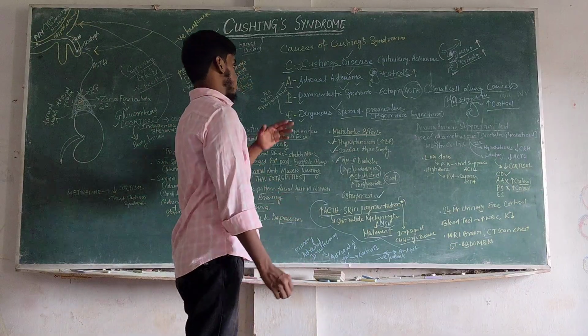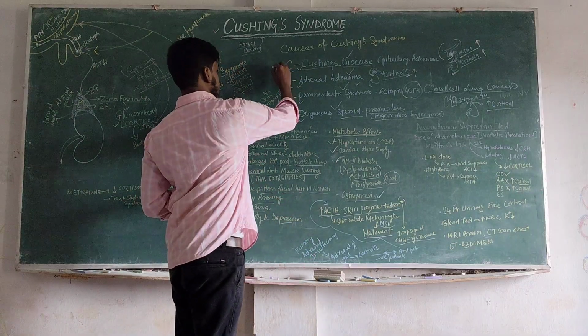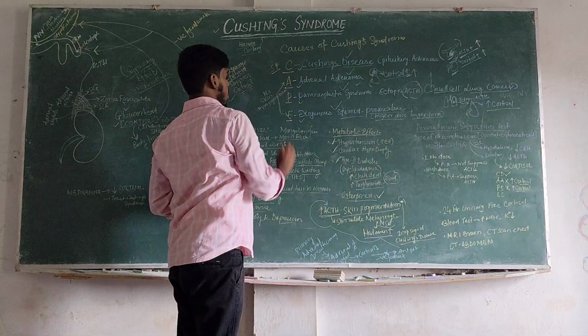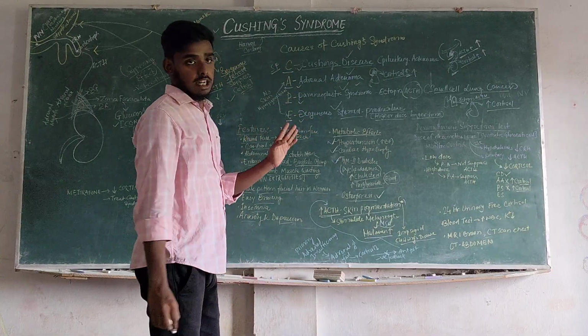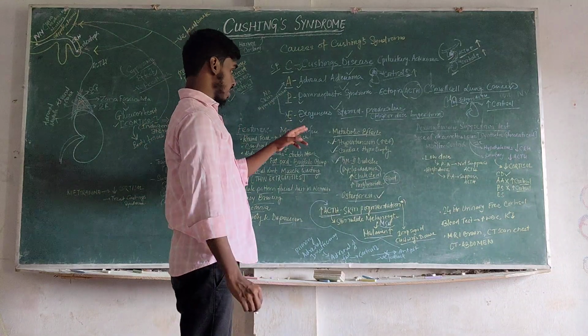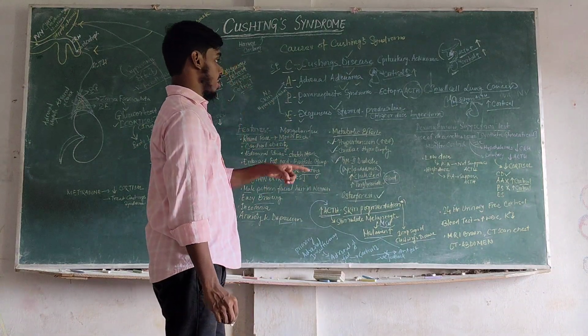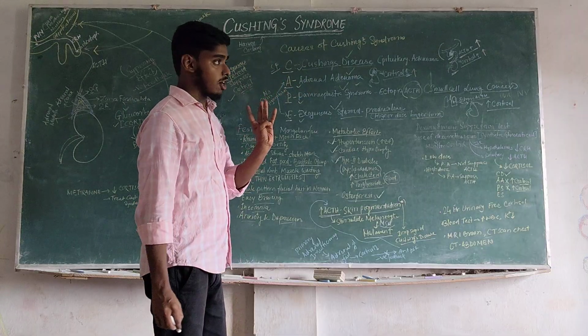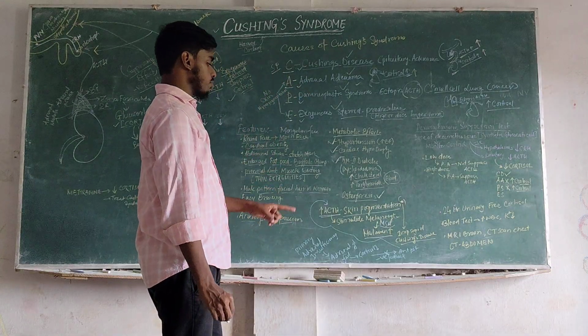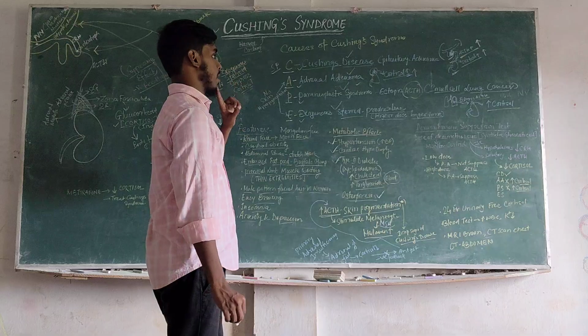So in case of a Cushing disease patient, we can find skin pigmentation. But in adrenal adenoma and exogenous steroid, there is no skin pigmentation. So this can be a reminder that in case of a Cushing disease patient, there is pituitary adenoma, and it can also create skin pigmentation.